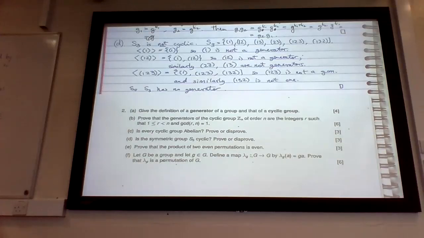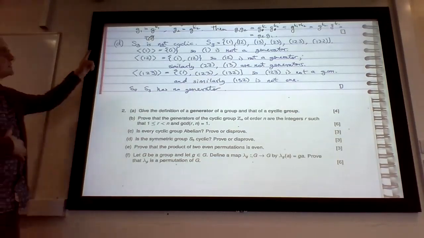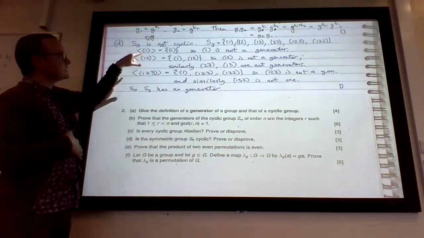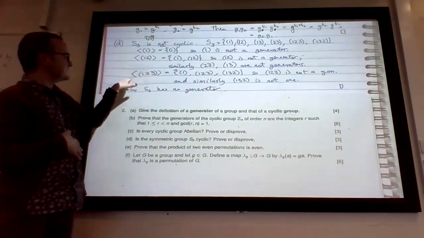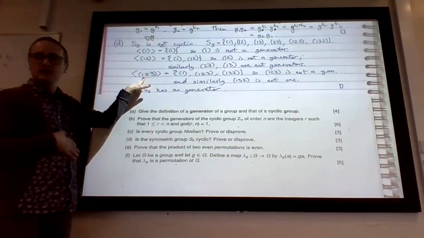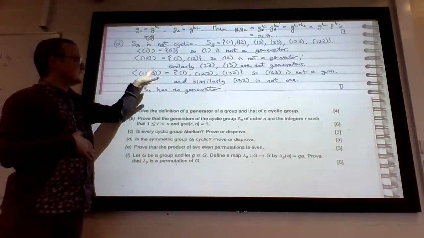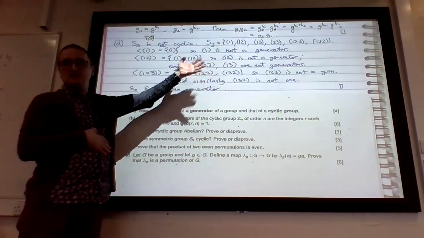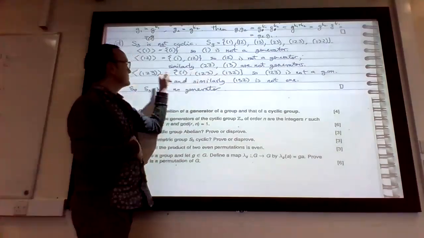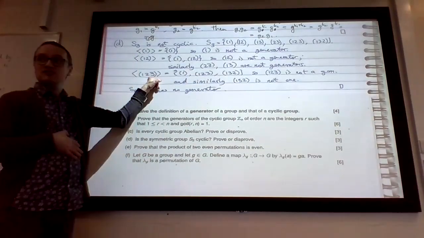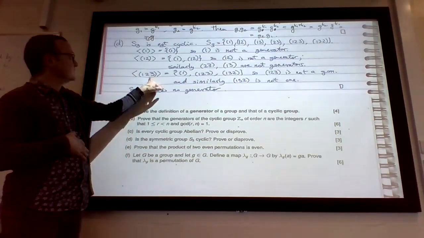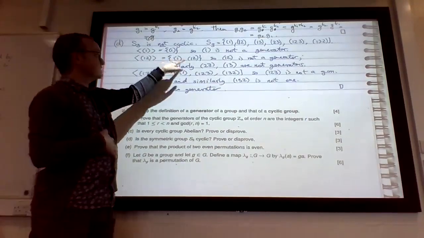Why did you say that they are not generators, those guys? Well, because he explicitly investigates the subset generated by the element and lists the elements in the subset. So a 3-cycle has order 3, and 2-cycles are all of order 2.